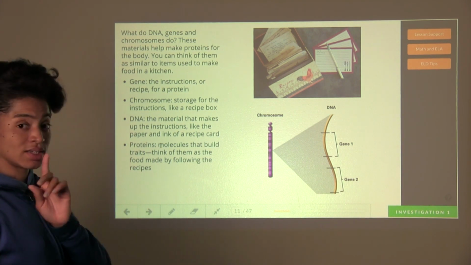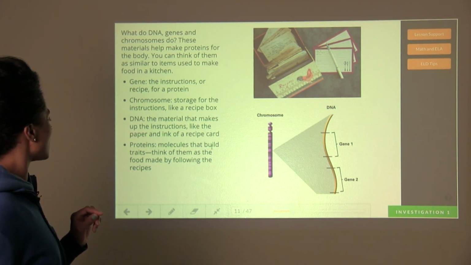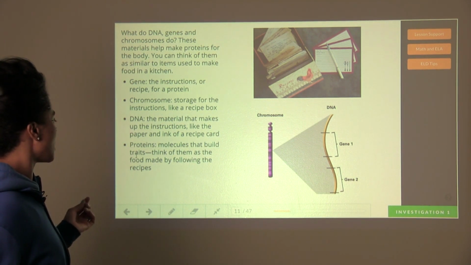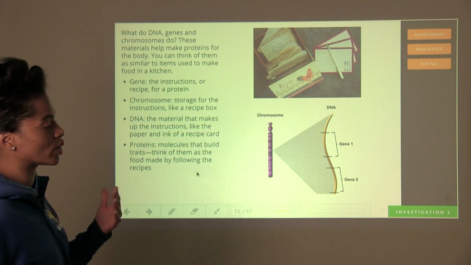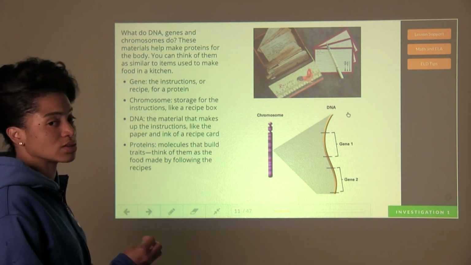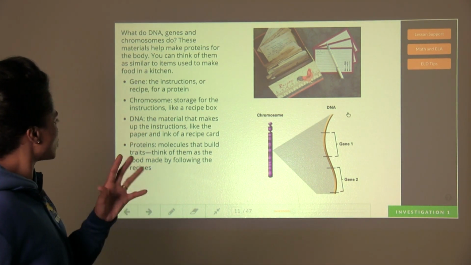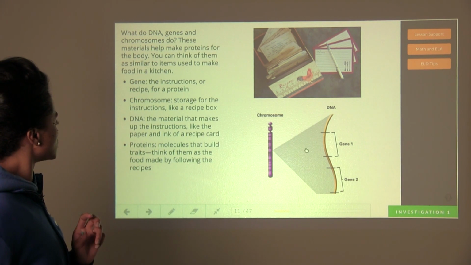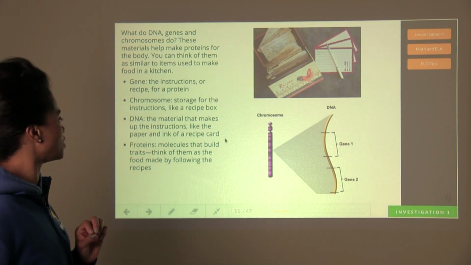And then proteins, key word here for today, molecules that build traits. Think of them as the food made by following the recipes. Okay. So as you're following the instructions, you're going to make the proteins. All right. So that's how you would connect them, just as far as figuring out how would genes, chromosomes, DNA, and proteins be related.